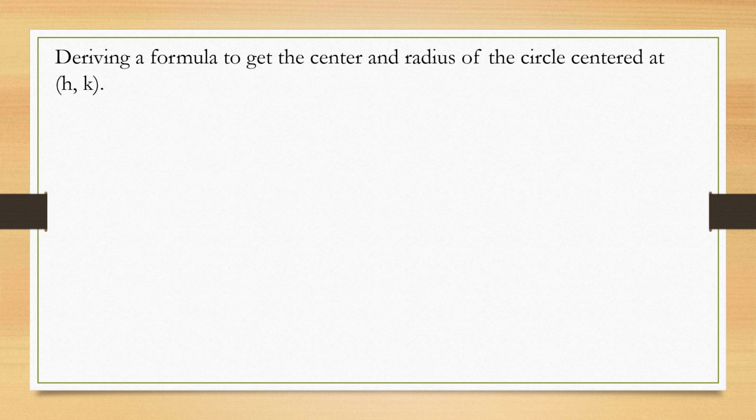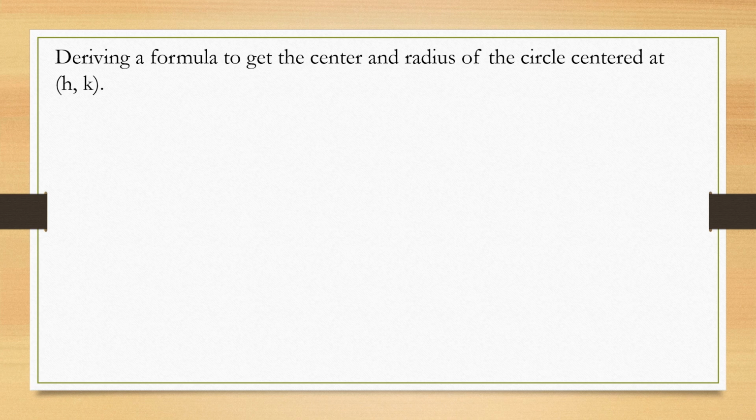So let us now derive a formula to get the center and radius of the circle centered at (h, k). For the circle centered at the origin, we don't need to use any formula, because the center is just at point (0, 0), and we go directly to find its radius.